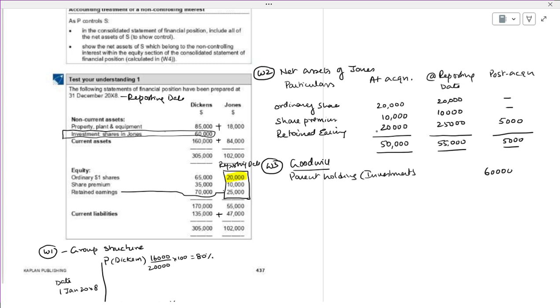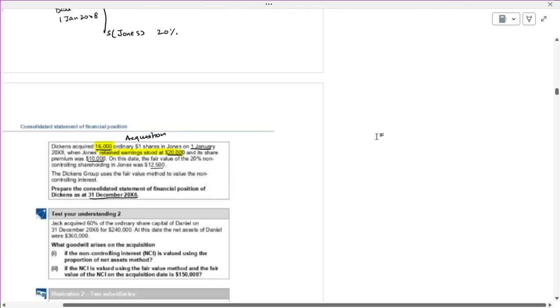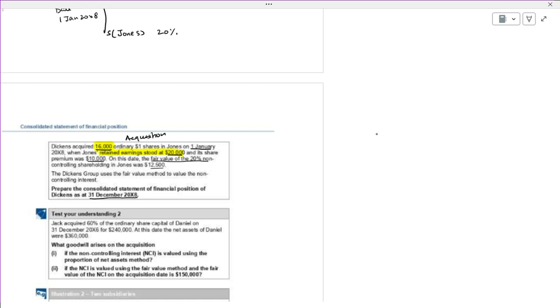Now, what is the NCI value at acquisition? On this date, the fair value of the 20% NCI was how much? 12,500.